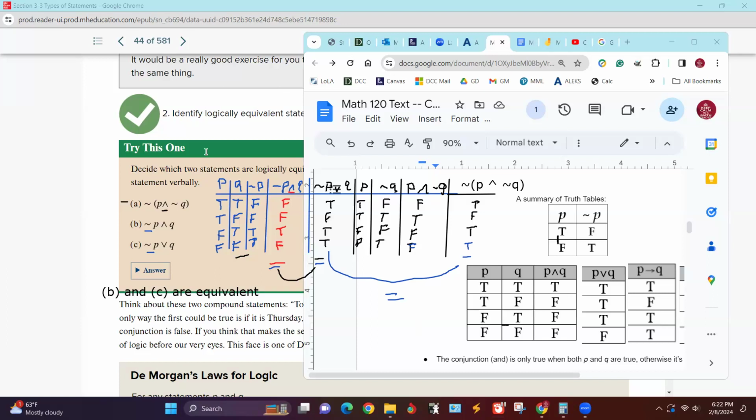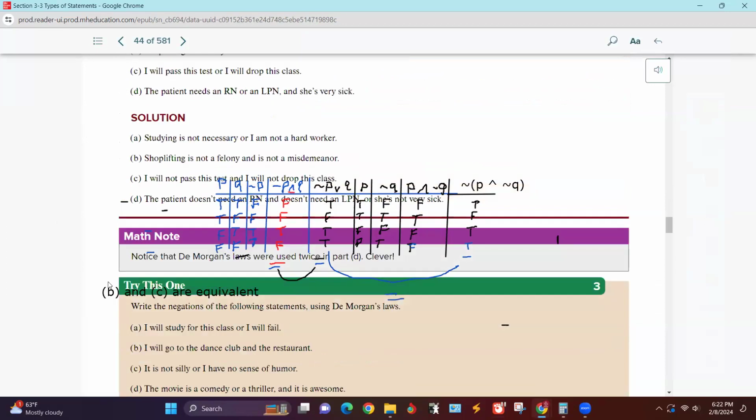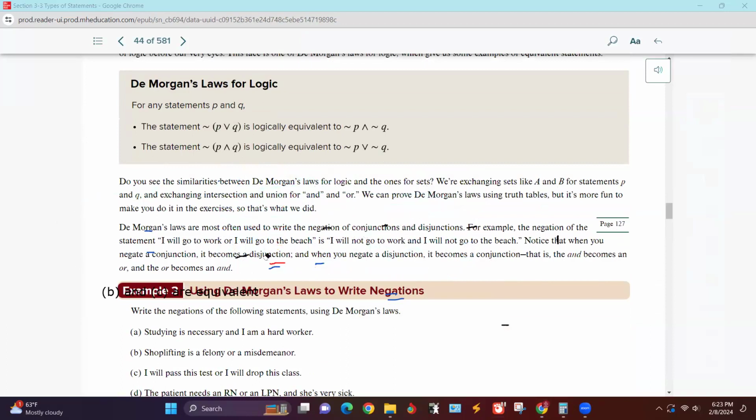So over here, to just kind of show you, if we were to do a truth table for De Morgan's laws, then we would come out with the same order on those. All right.